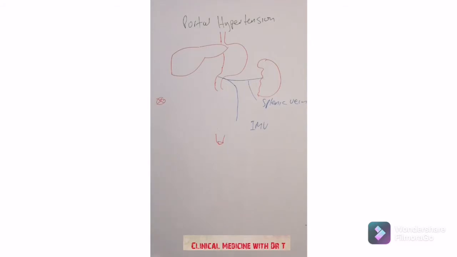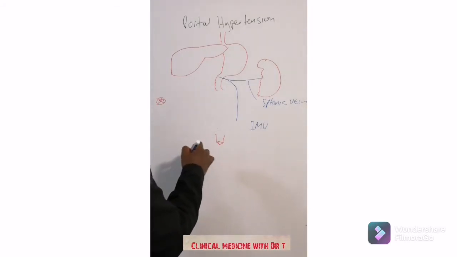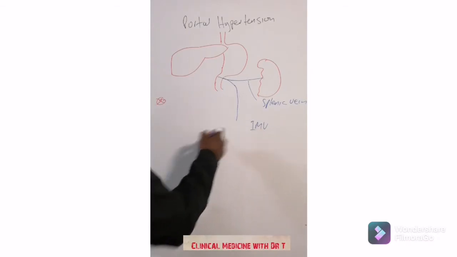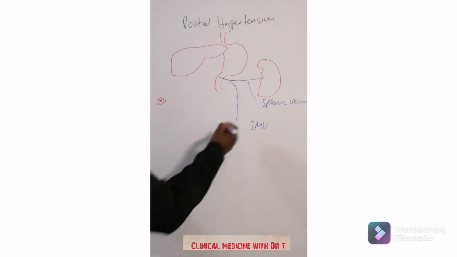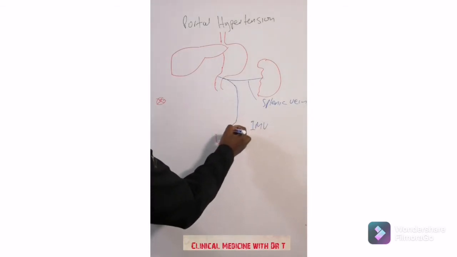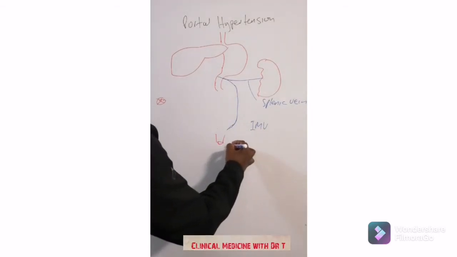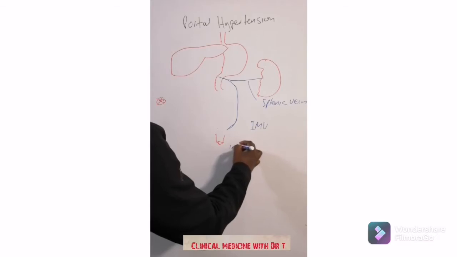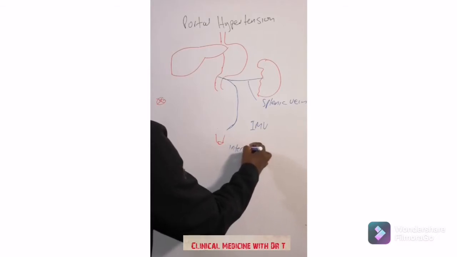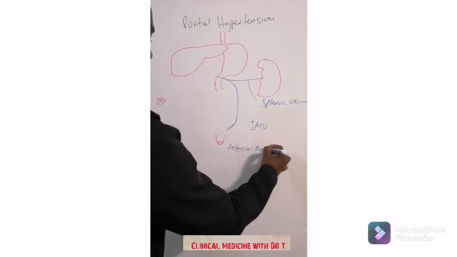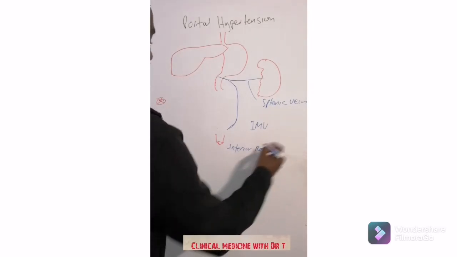While we are at it, there are 3 veins that drain into the inferior mesenteric vein. The first one is the inferior rectal vein.